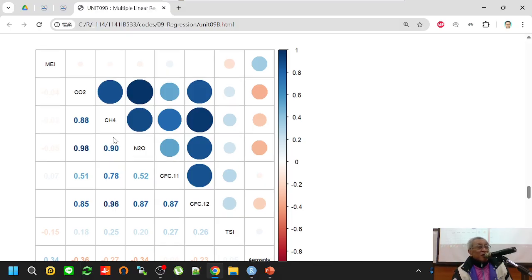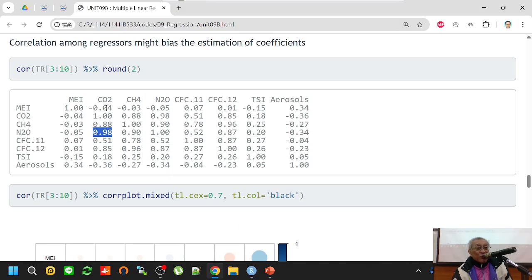See, it means that within the data, when CO2 is high, NO2 is also high. When CO2 is low, NO2 is also always low, right? I mean, within the data, when you see a correlation this high, it means that I can almost predict NO2 by CO2, right?